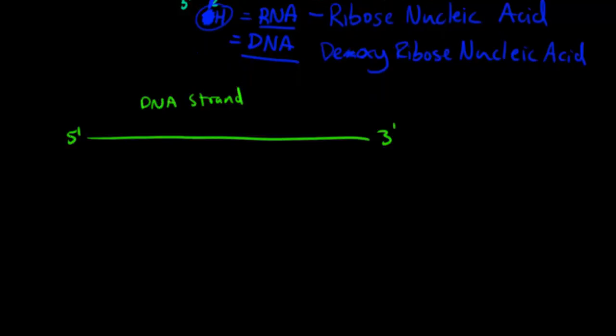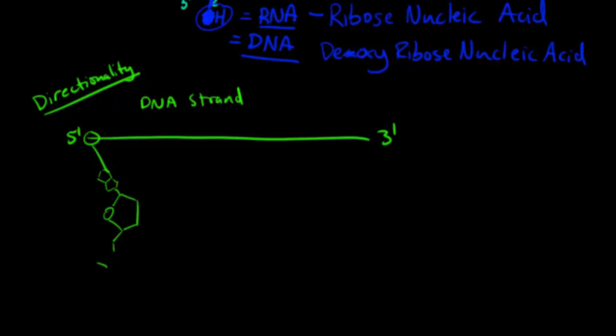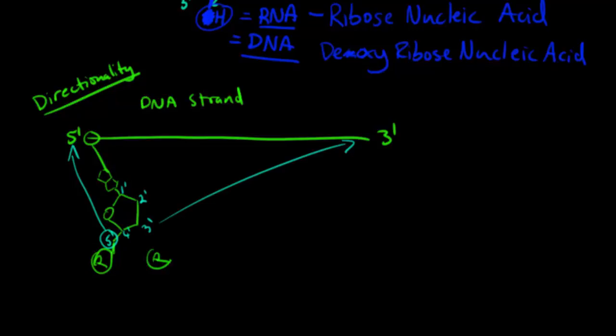If here's our DNA strand, we've got a 5' end and a 3' end. This is known as directionality. If we draw this nucleotide at one end and number all the carbons, you'll see that the 5' end is sticking out in that direction, and if this nucleotide was on the other end of the strand, then the 3' end would be showing there.